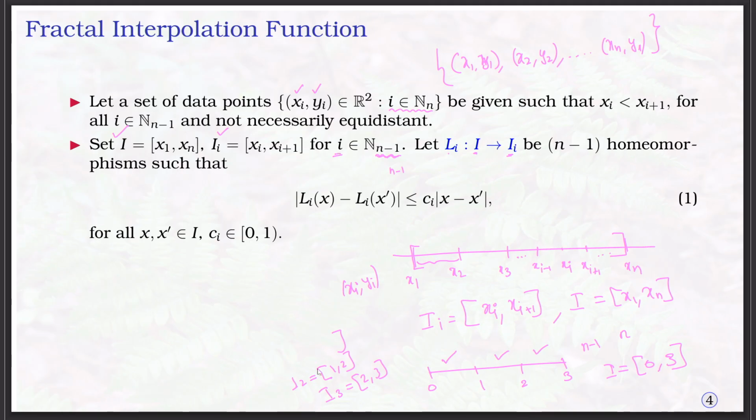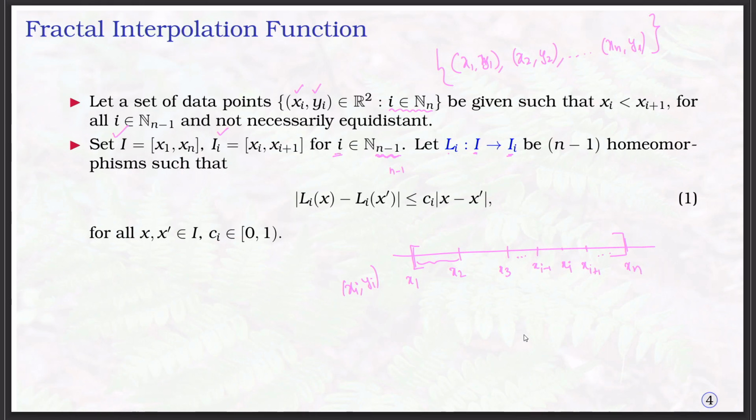Maybe I can write it here. So, our I is the closed interval x1 to xn, then Ii is xi to xi plus 1. Li is defined from I to Ii as a homeomorphism such that it satisfies this equation 1.